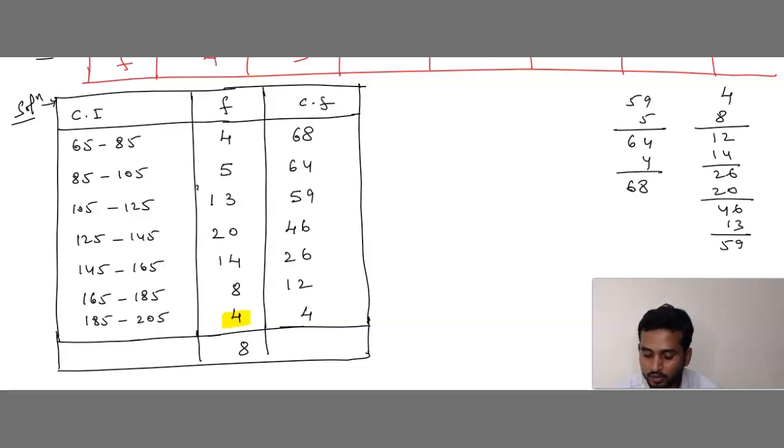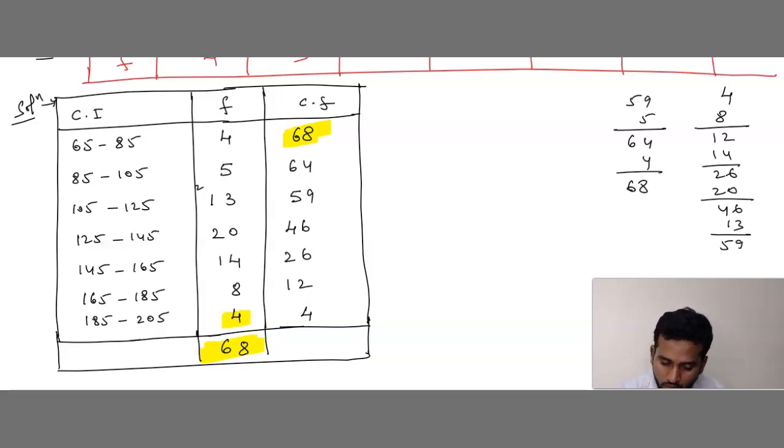Carry over, and the total is 68. Yes, it is correct. So make sure that this answer and the top answer, the total final answer, are matching. Yes, they are matching. Hence our answer is right.